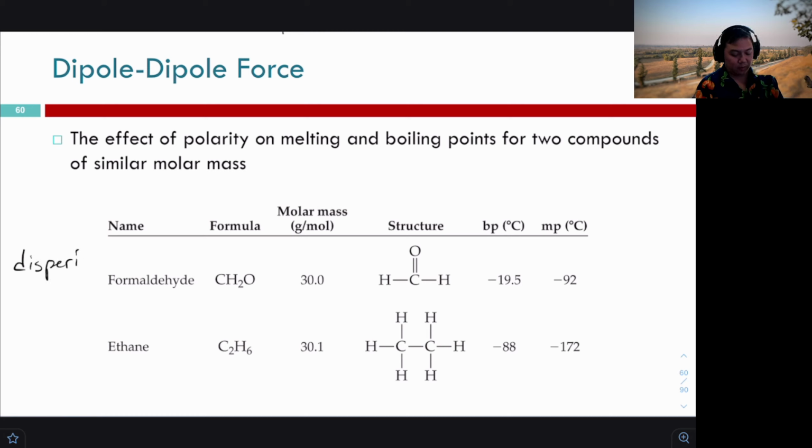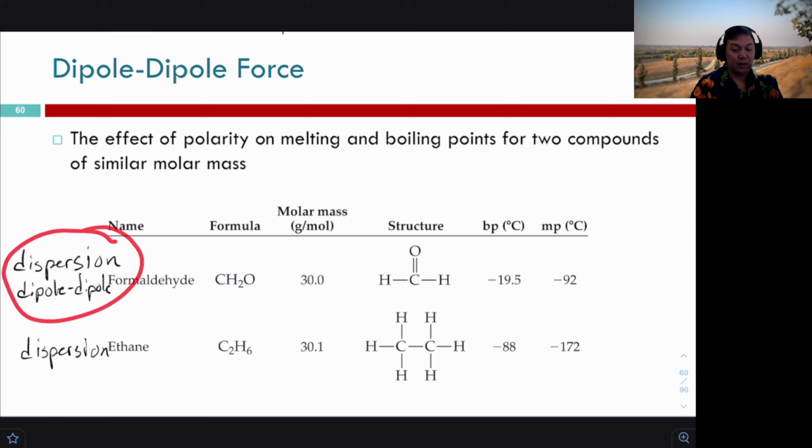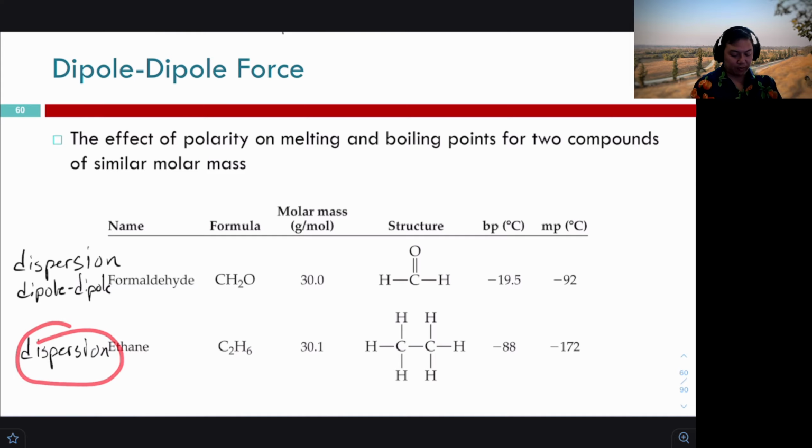So our formaldehyde here has dispersion forces, and it has this new one that we're talking about, the dipole-dipole. Whereas ethane only has dispersion forces. So formaldehyde's got two different types of force going for it, whereas ethane only has one, in addition to that being a weaker force.